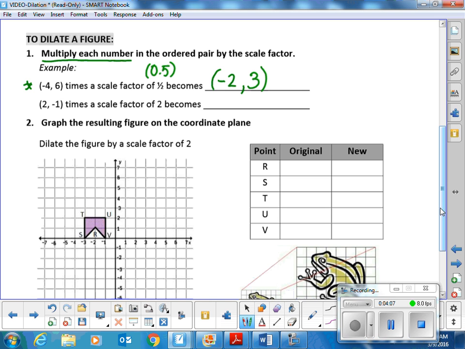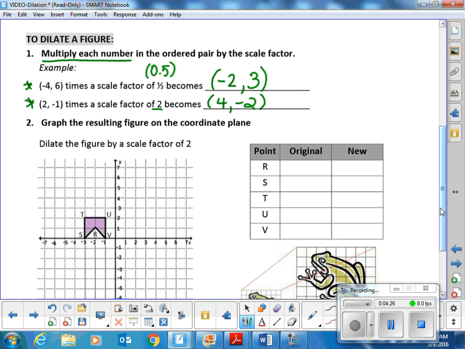Likewise, if we're multiplying by a scale factor of 2, we're just going to take the x value of 2. We're looking at this one. 2 times 2 is 4. -1 times 2 is a -2. If you plug these in your calculator, it'll do the work for you.